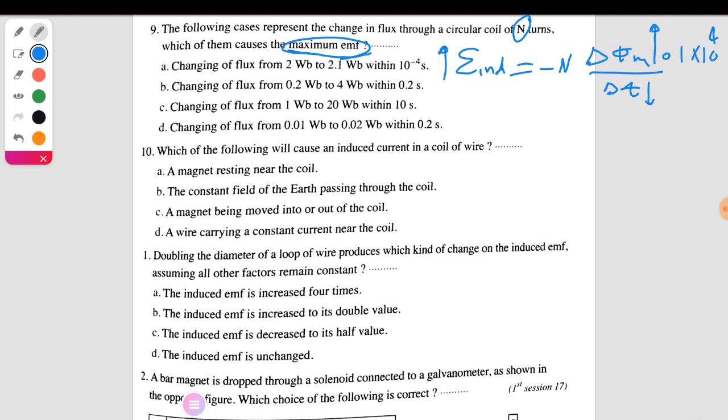Number 10. Which of the following will cause an induced current in the coil of wire? A magnet resting near the coil, the constant field of the earth passing through the coil, a magnet being moved into or out of the coil, or a wire carrying constant current near the coil.